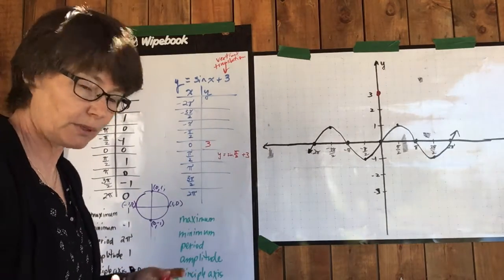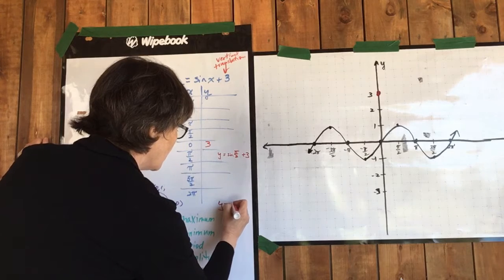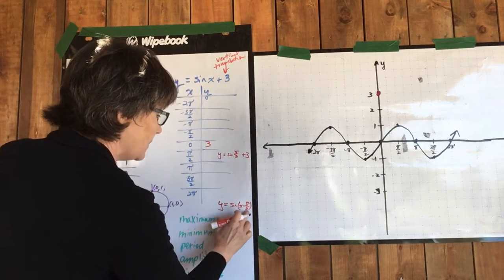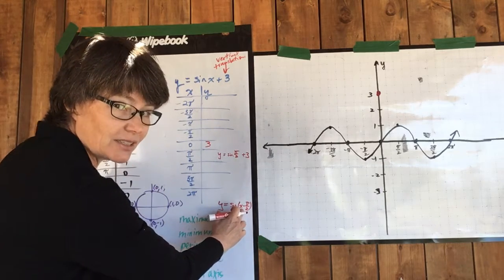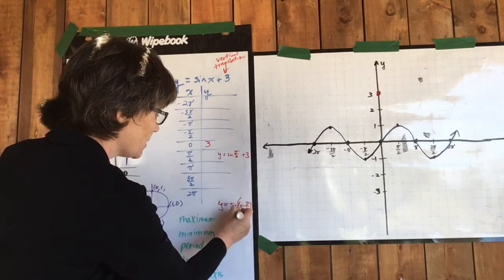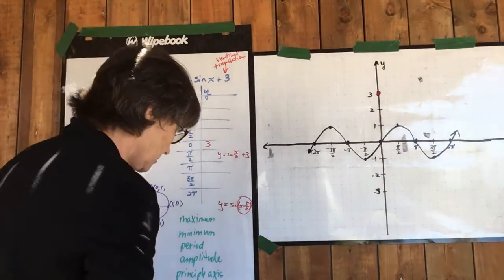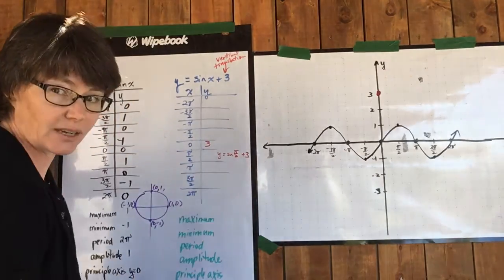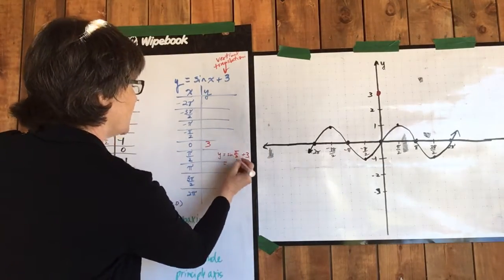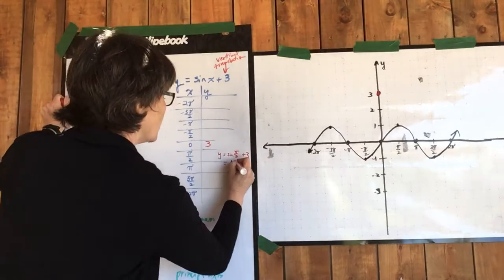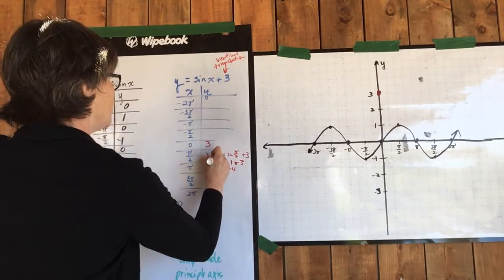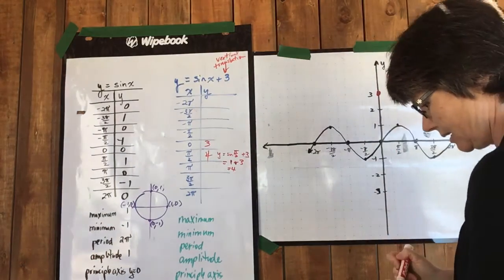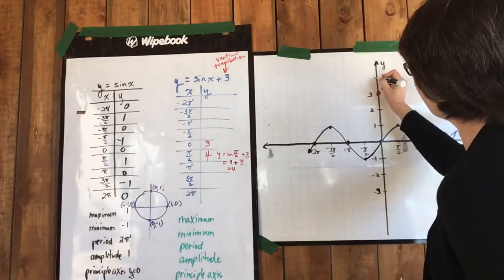Where before, when we were dealing with horizontal translation, something like y equals sine of x minus pi over 2, this minus pi over 2 is attached to the x in the brackets, and therefore this number is what we're taking the sine of. So that's different algebraically than if it's out here by itself, not in a bracket with pi over 2. So we need to find sine of pi over 2, which is 1. 1 plus 3 is 4. So (pi over 2, 4) is a point on our grid. And I guess we should add 4 in our scale here.